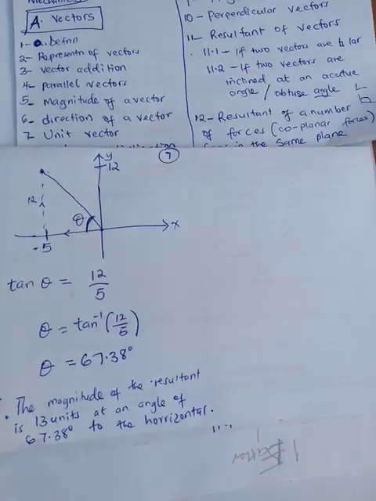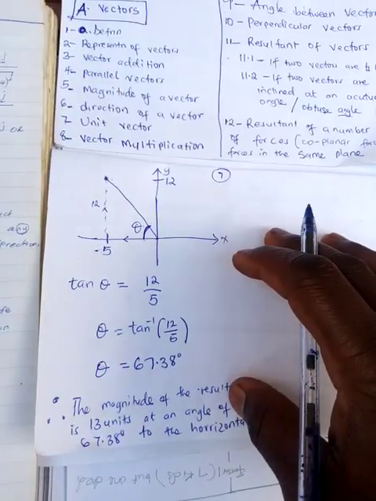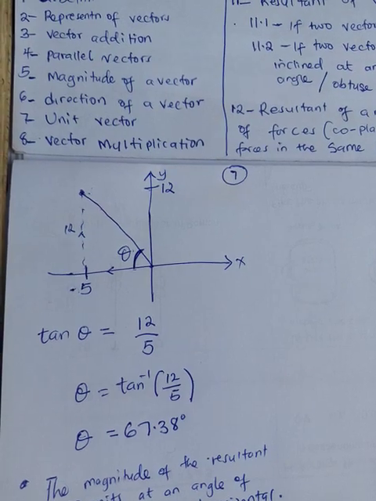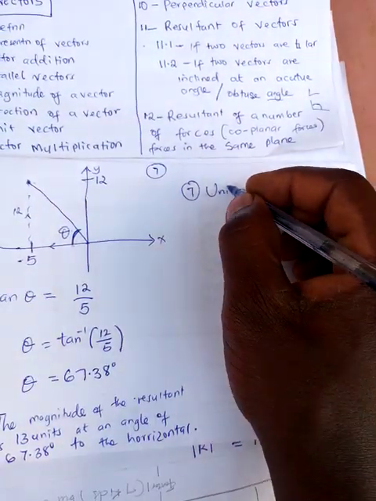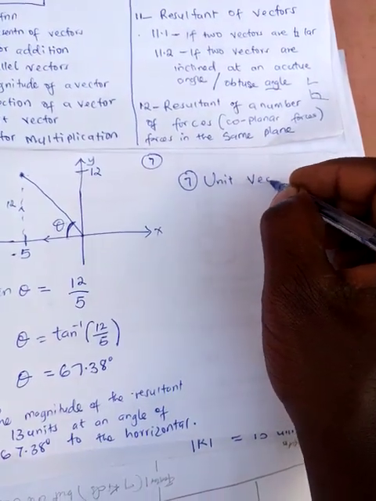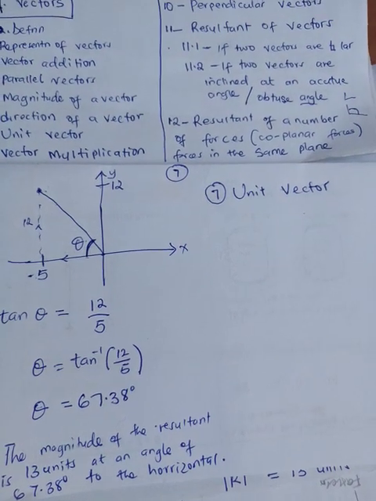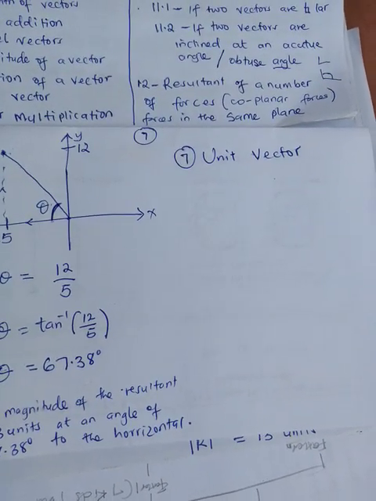So we go to our number 7 on the menu, which is unity vector. So you have to know, what does unity vector mean? What is a unity vector?